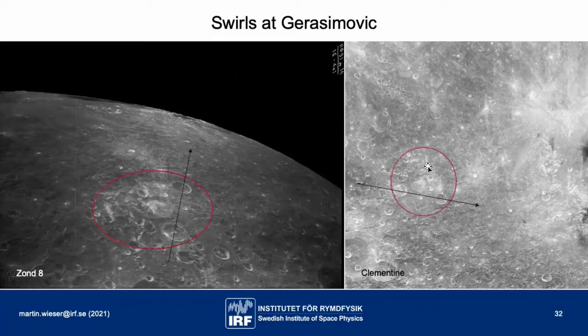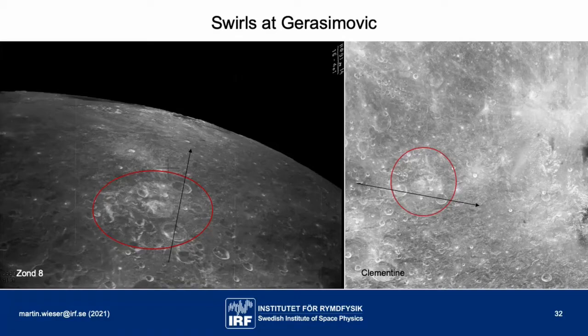And if I put some markings on top of this, we have the red circle, which is about the extent of the magnetic anomaly, and now also in this Clementine image, this surface feature becomes visible. The surface features are thought to originate from interaction between precipitating solar wind, local magnetization, and possibly how regolith grains move around in this environment.